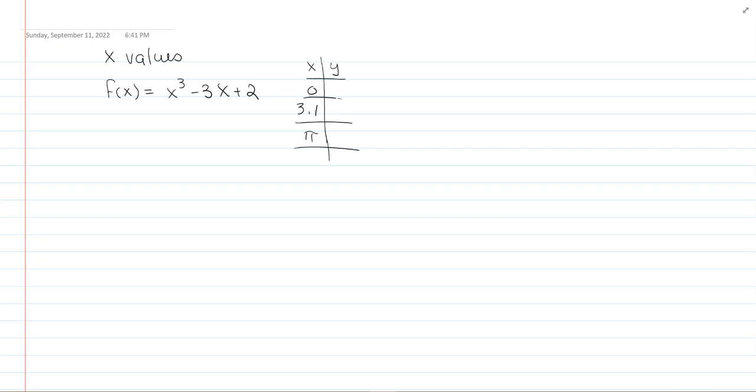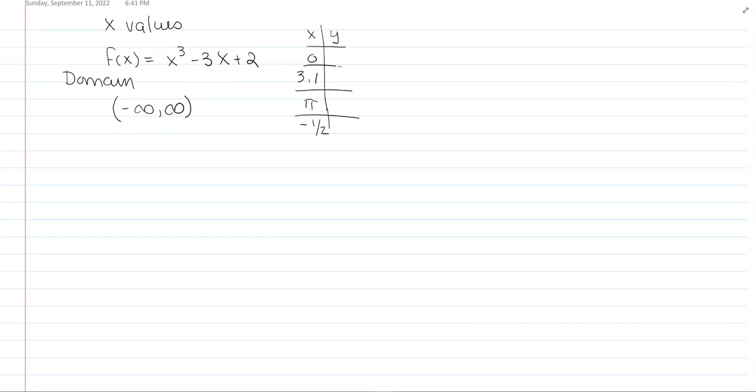So if you're allowed to plug in absolutely anything, positive numbers, negative fractions, whatever, then your domain is going to be all real numbers. And the way that we denote that is from negative infinity to positive infinity. All right. So there are really two exceptions to this rule.